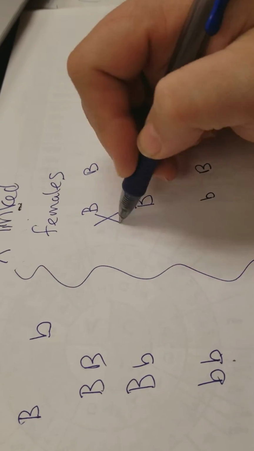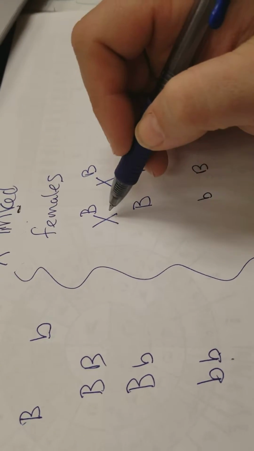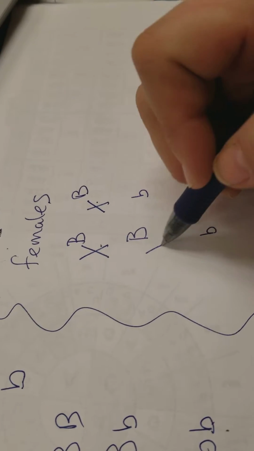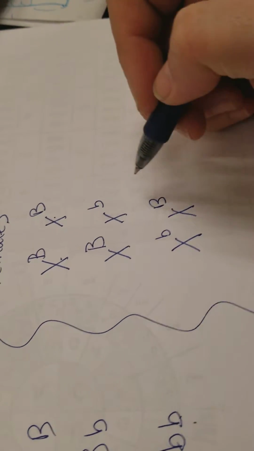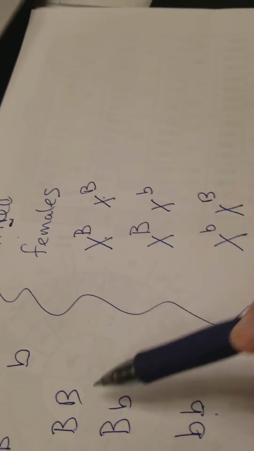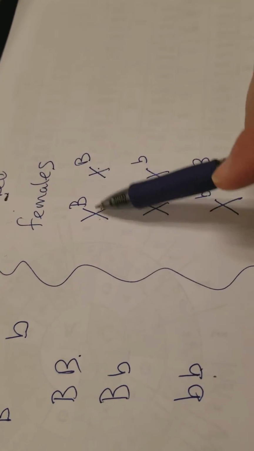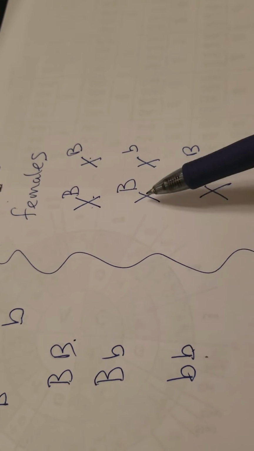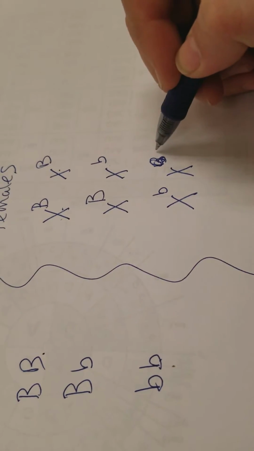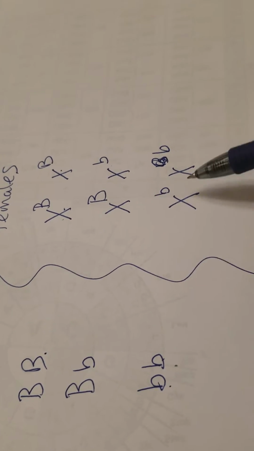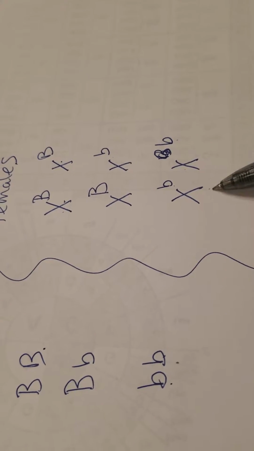And we put an X like this because they're getting them on their X chromosomes. So it's the same notation that we're used to. You can see big B, only now it's shown on the X chromosomes. Big B, little b on the X chromosomes. Should be a little b over here, my bad. Little b, but on the X chromosomes.